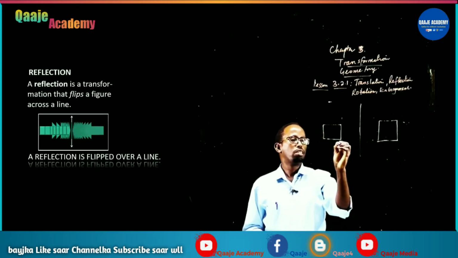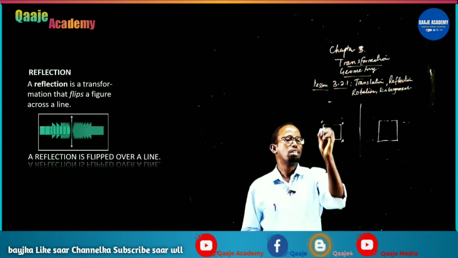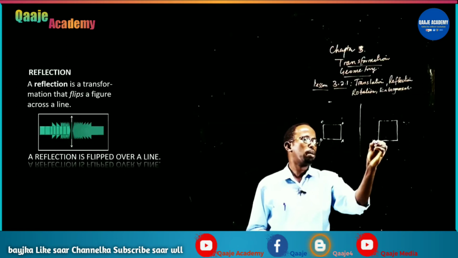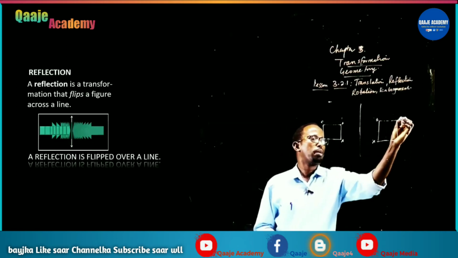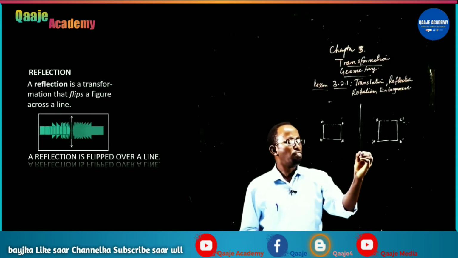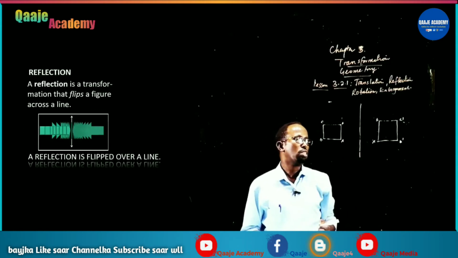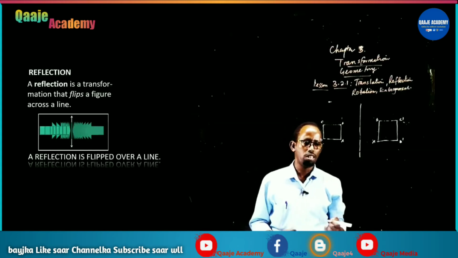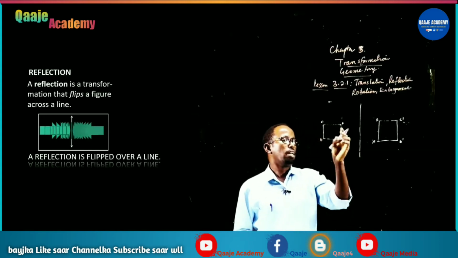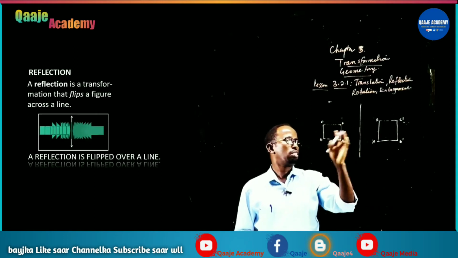We have the object A, B, C, D. Therefore, this will be A prime, B prime, C prime, and D prime. First of all, one property of reflection is that the object and the image are always the same size.